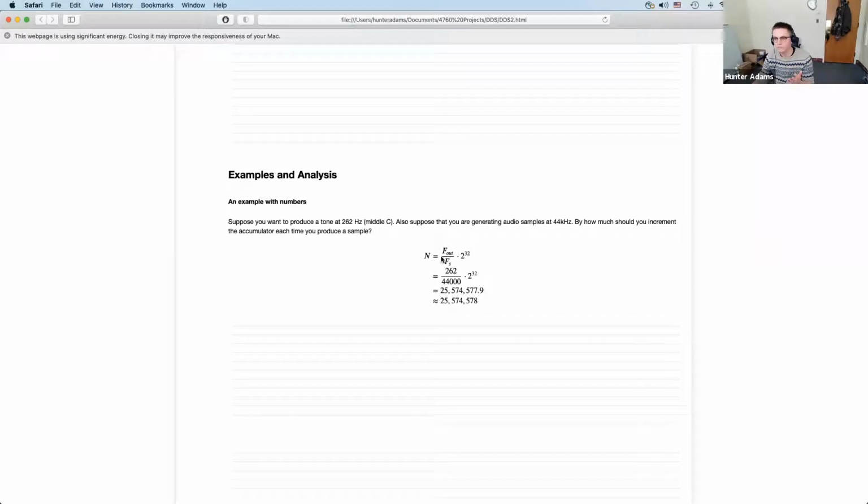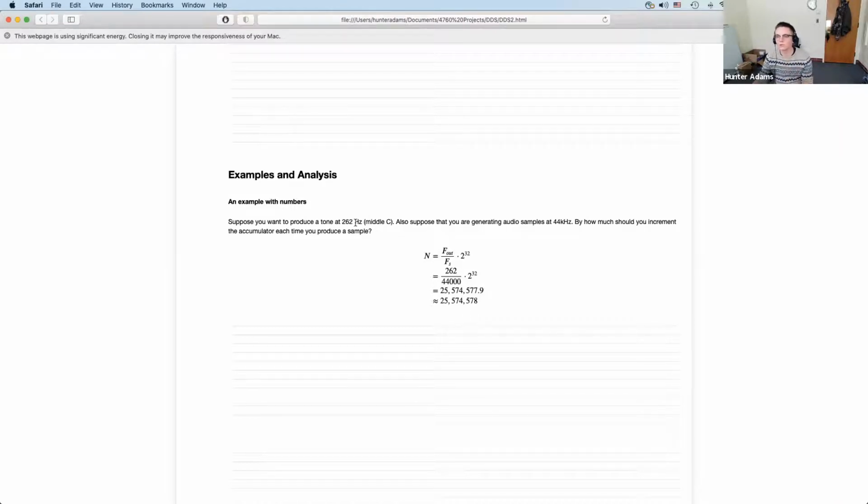Well, your desired F out is 262 hertz. Your audio sample rate is 44 kilohertz, 44,000. And your accumulator variable is 32 bits long, so it holds 2 to the 32. So you do this and you find out that, okay, every time we enter the interrupt service routine, we need to add this much to our accumulator variable.